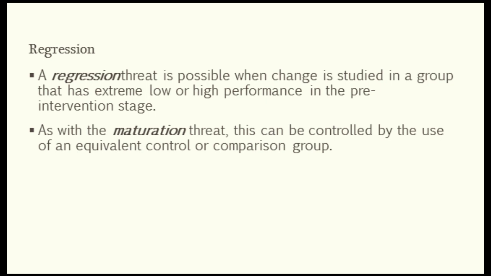So the opposite could also be true. Some of the kids who do really, really well on the pretest, right, they're likely to end up with a lower score the next time just because they'll be regressing toward their mean. So this is statistics. The math bears it out that this happens.